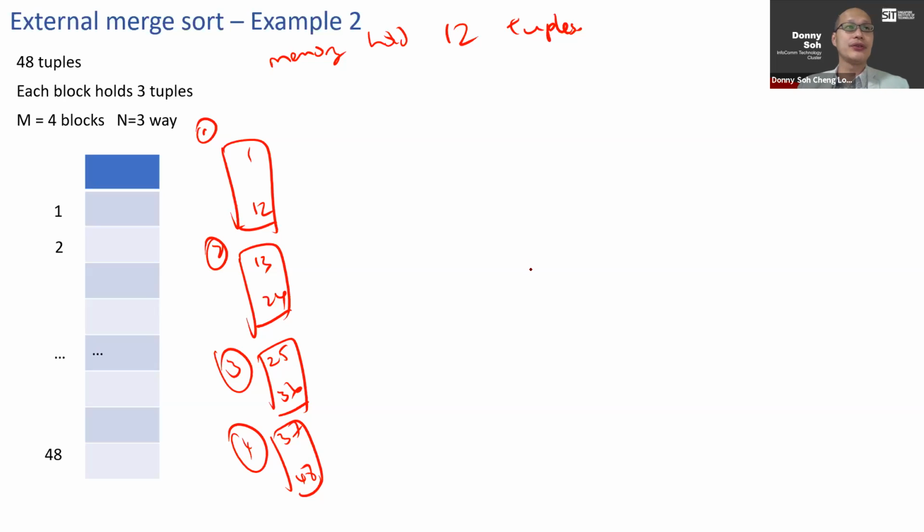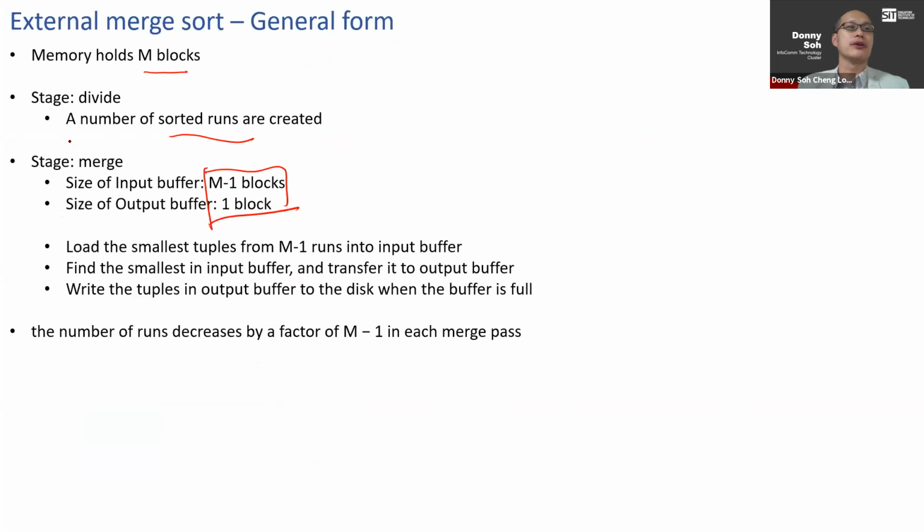In this particular scenario, in the merge step, what is actually possible is that m equals 4 over here. So if we go back to the algorithm, we load the smallest tuples from the m minus 1 runs into the input buffer.